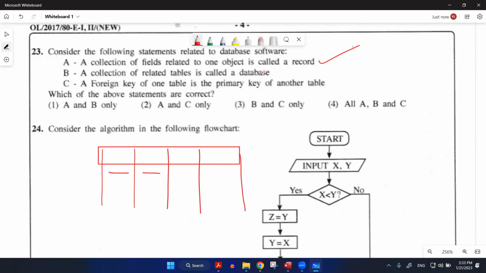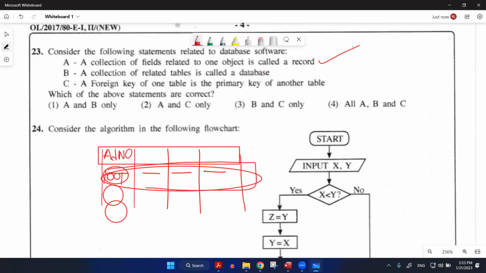When you fill in values for particular field names, that creates a particular record. So a collection of fields related to one object is called a record. As an example, if you take admission number, and your admission number is 1001, then this record is about that 1001, one particular object.